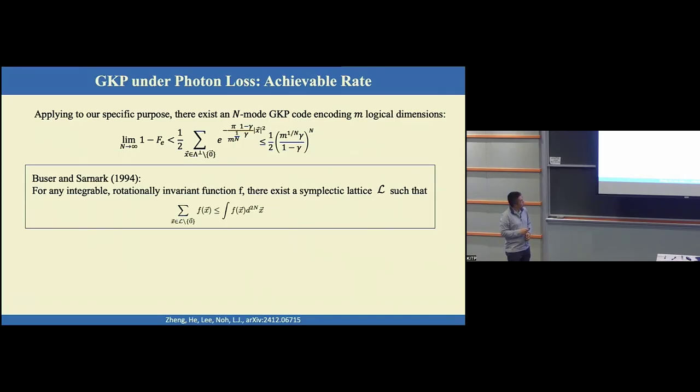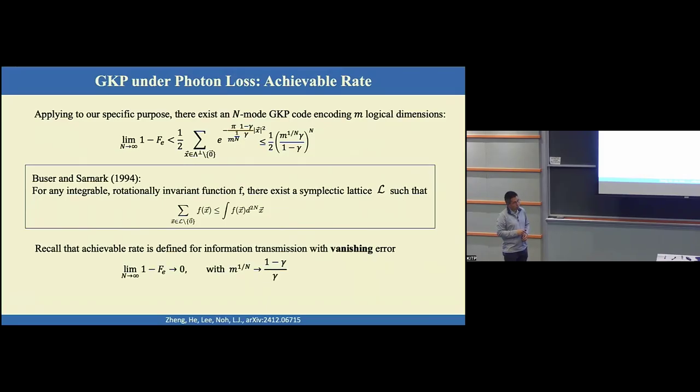When n goes to infinity, this will vanish if the product inside the exponentiation is less than 1, which means we can just choose this quantity, which corresponds to the number of levels encoded in each bosonic mode, to be upper bounded by a function of the loss rate. Then we will have a vanishing infidelity of the coding.